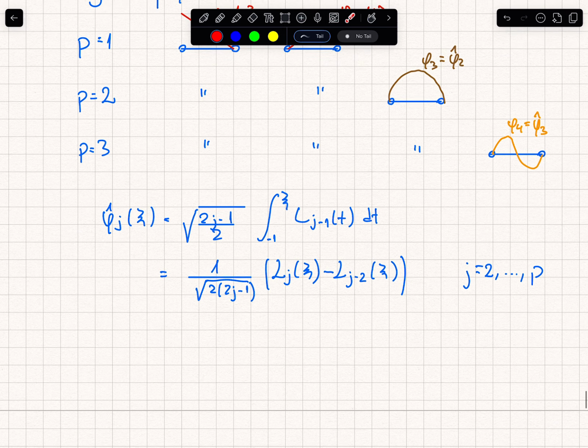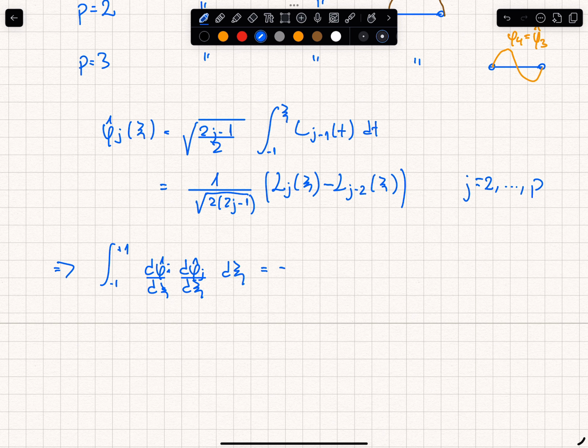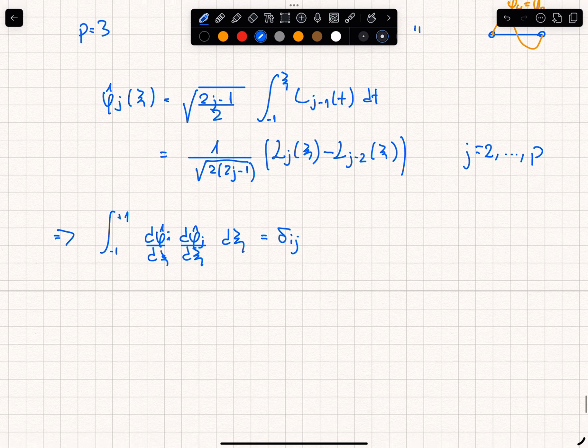So these functions that I wrote here have a really nice property. If I take 2 of these functions and I do the integral in the domain of integration, -1 to 1, of their derivatives, this is equal to delta ij, which is our Kronecker delta.